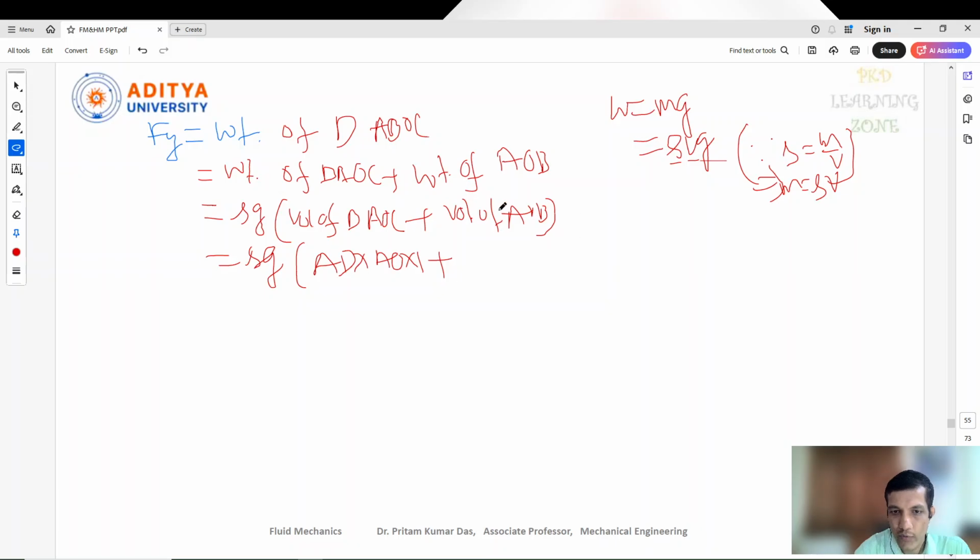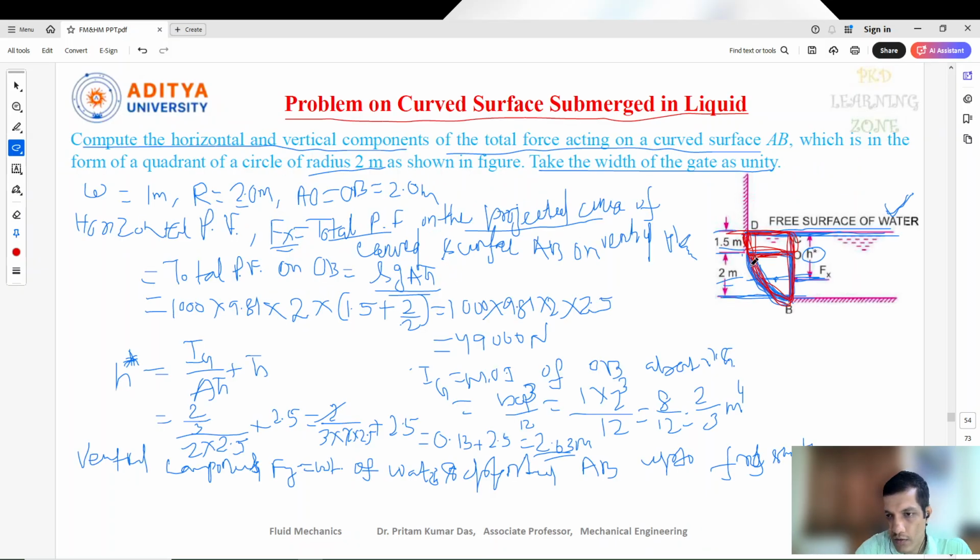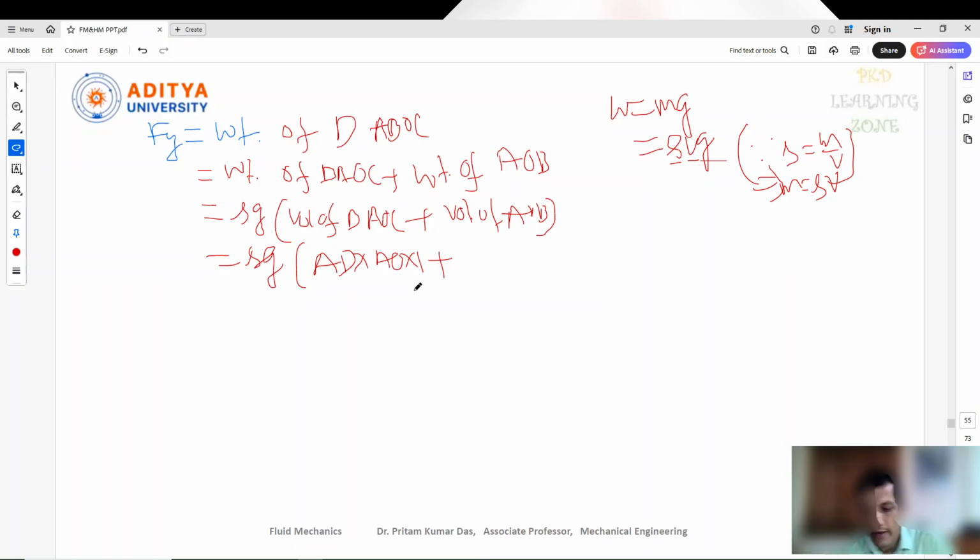Now this side, the volume of AOB, this part, we can write pi by 4 into r square into the width.